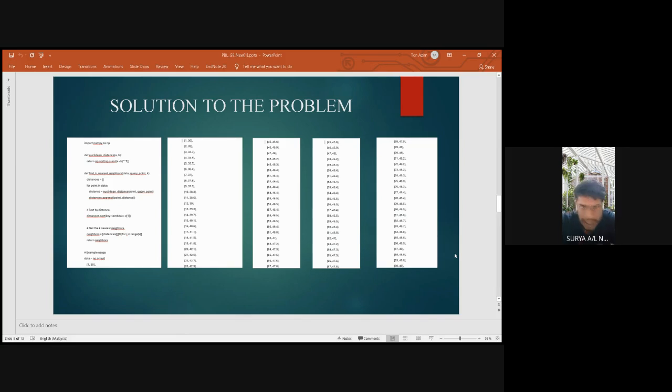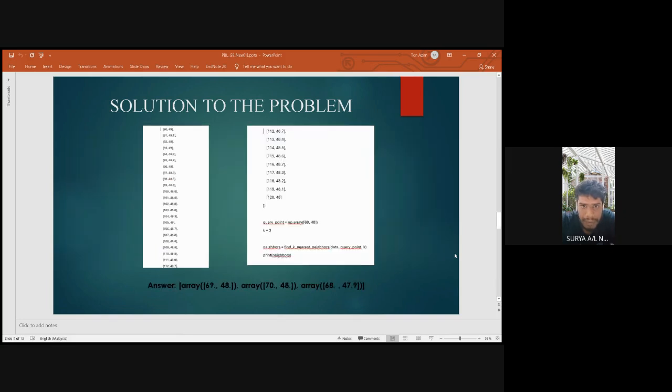And next slide. Okay. And we use the k value as 3. The reason why we use 3 is that the k value has to be a small number between 1 to 5. The reason why we could not go higher is that we do not want any value from a different class.